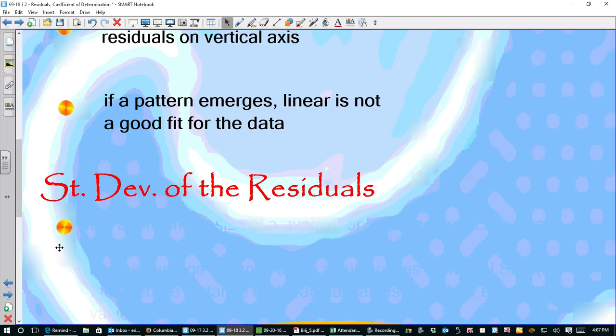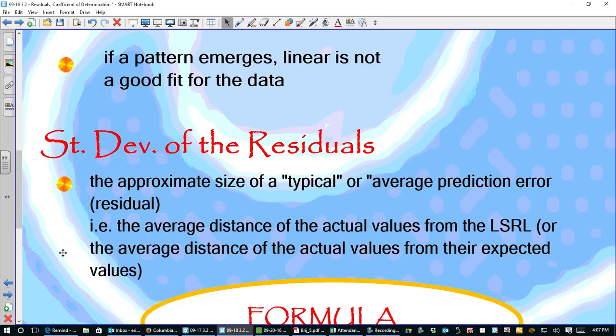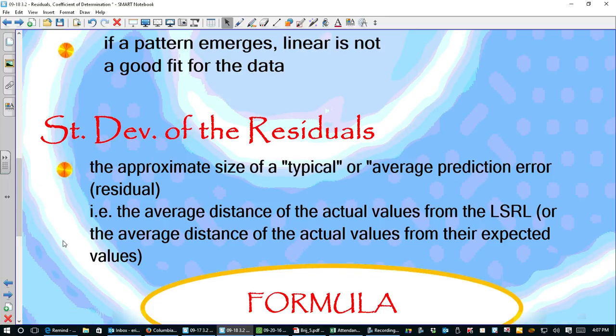The standard deviation of the residuals is the approximate size of a typical or average prediction error, or the approximate size of a residual. So we are looking at the average distance of the actual values from the least squares regression line, or from their expected values, which are found on the line.